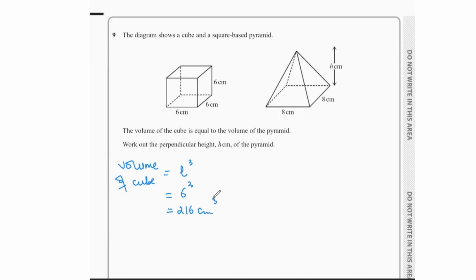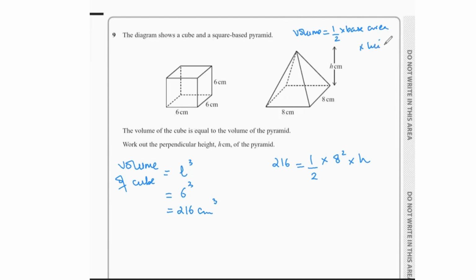Now, 216 centimeters cubed is the same for the pyramid. So 216 equals the volume of the pyramid, which is 1 over 3 times the area of the base, which is 8 squared, times the height, which is h.